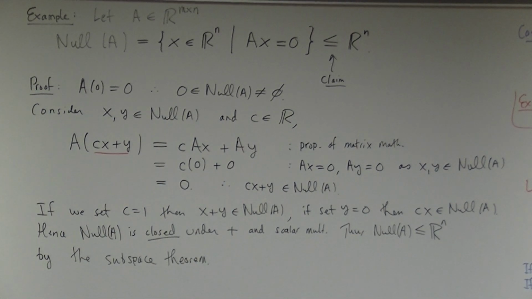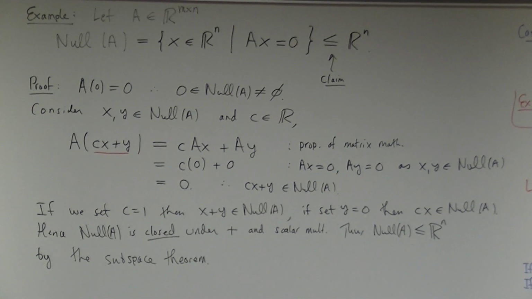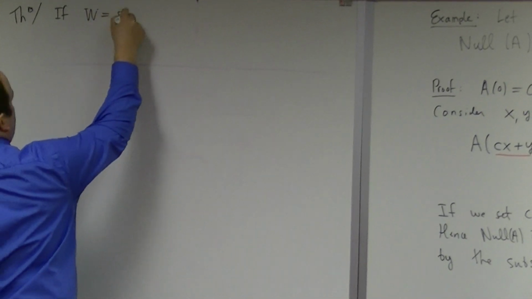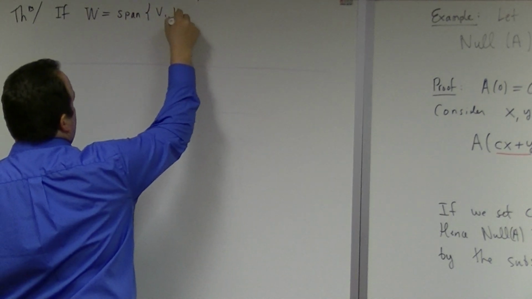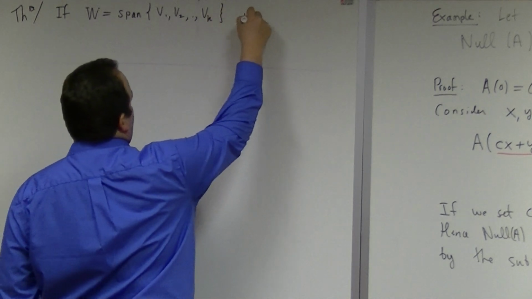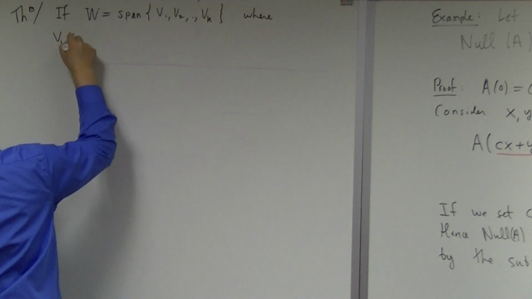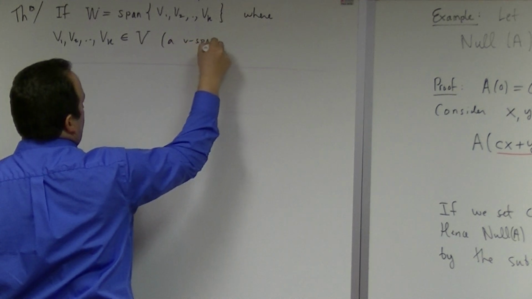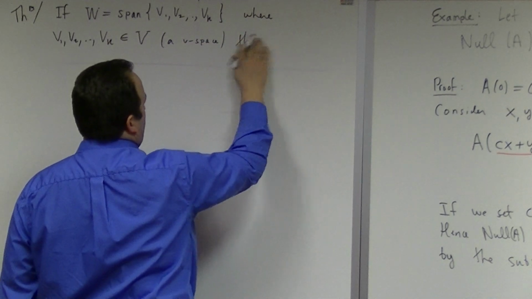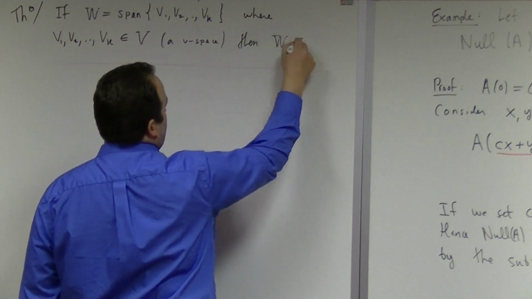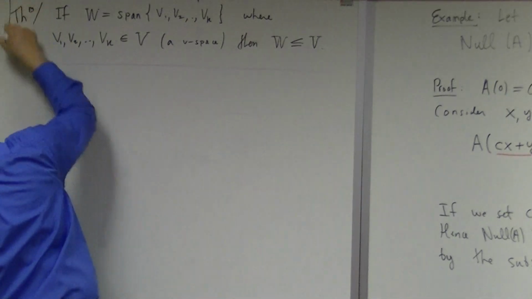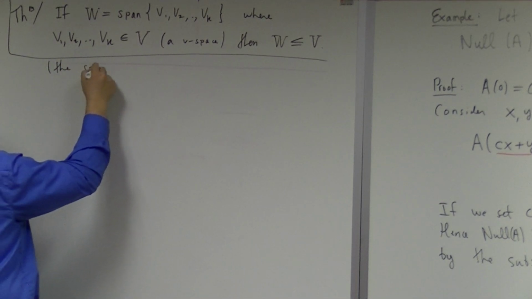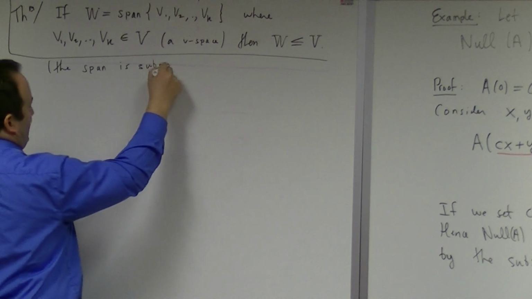All right. So another theorem is this: if W is equal to the span of, say, V1, V2, ..., Vk, where V1, V2, ..., Vk are elements of some vector space V, then W is a subspace of V. I will refer to this as the span theorem, or maybe the span is subspace theorem, because that's what it says.